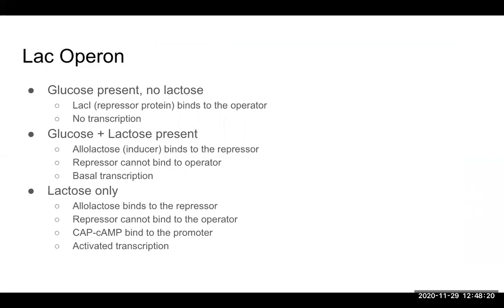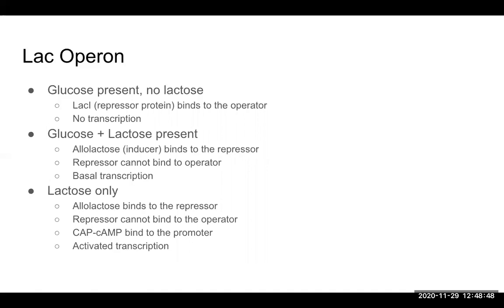So I think this should answer your question, Yash, but let me know if it does. It's really important to know when the lac operon is functioning and how it is controlled. When glucose is present and there's no lactose, your repressor protein binds the operator, so there's no transcription. When glucose and lactose are present together, your allolactose, your inducer, is going to bind to your repressor.